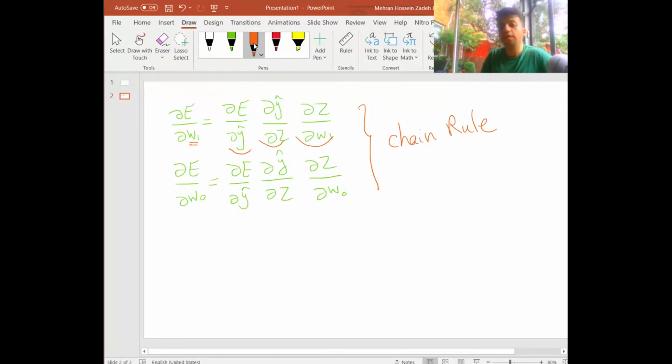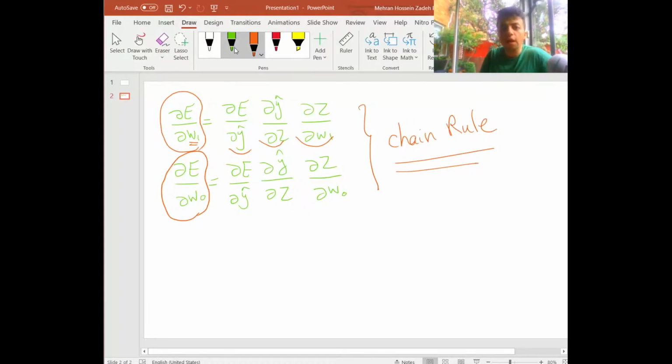The second one is y hat with respect to z, the rate of change of the output of your sigmoid with respect to the input of your sigmoid. And finally, z is a function of w1. So what is the rate of change of z with respect to w1? If you multiply them together, according to this beautiful and sort of intuitive rule called the chain rule, you will actually get the ultimate derivative, which is the derivative of error with respect to w1. The same story goes with the derivative of your error with respect to w0.